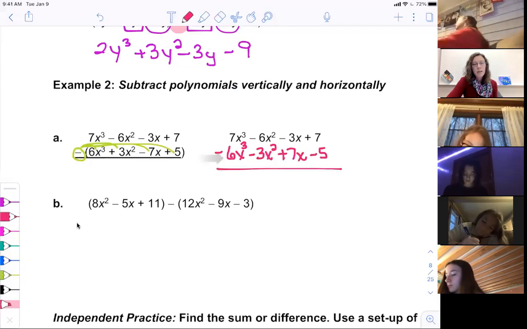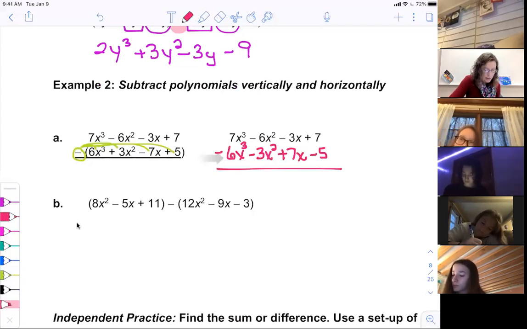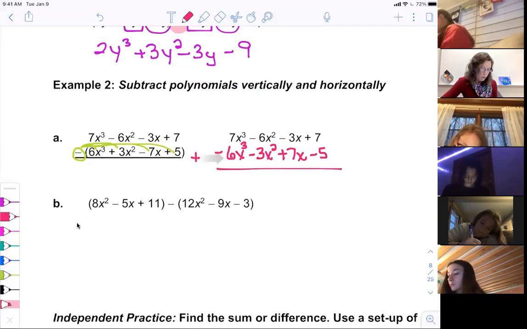So once you have them lined up vertically, you're pretty much combining them exactly as they're listed. So technically, there's a plus sign outside here now. You distributed the negative through, and now you're just kind of combining them vertically down. Riley, what would this look like if we add our like terms together?